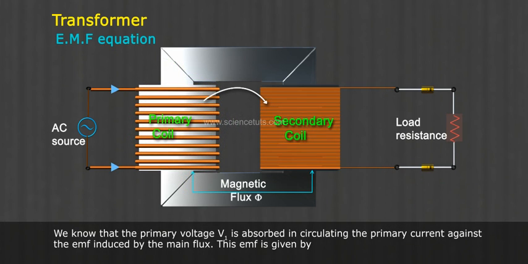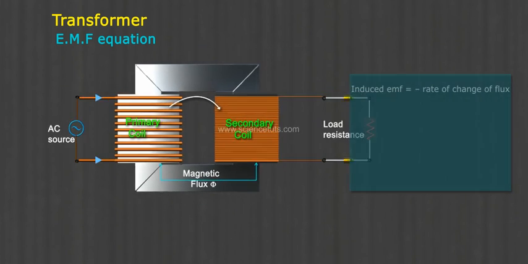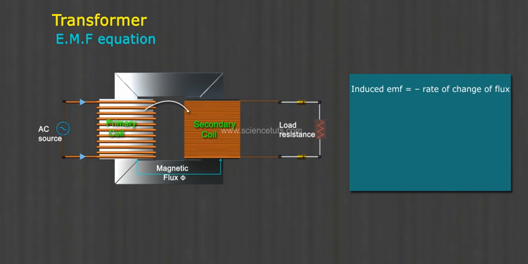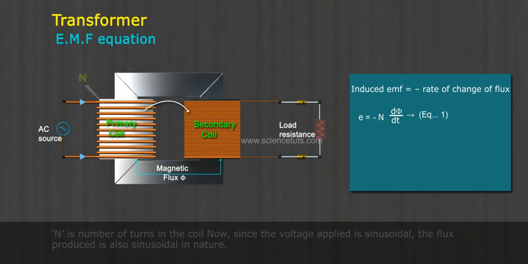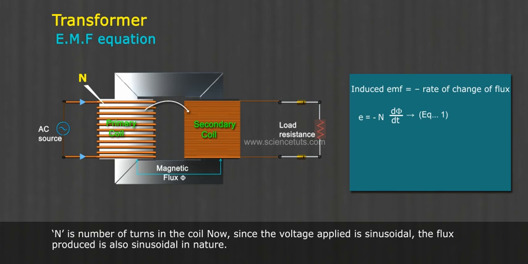EMF equation. We know that the primary voltage V1 is absorbed in circulating the primary current against the EMF induced by the main flux. This EMF is given by induced EMF equals minus rate of change of flux, E equals minus N d phi by dt, equation 1, where E is the instantaneous value of induced EMF in volts, phi is the instantaneous value of mutual flux, N is the number of turns in the coil.